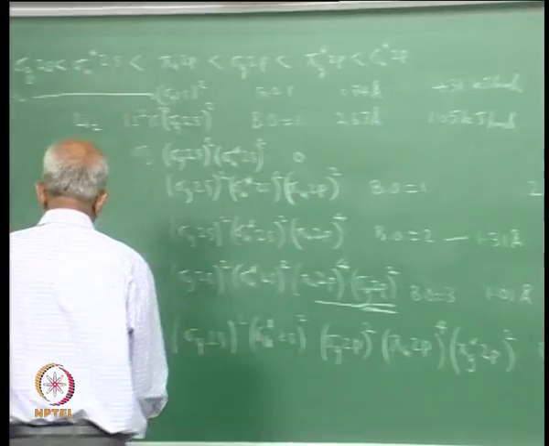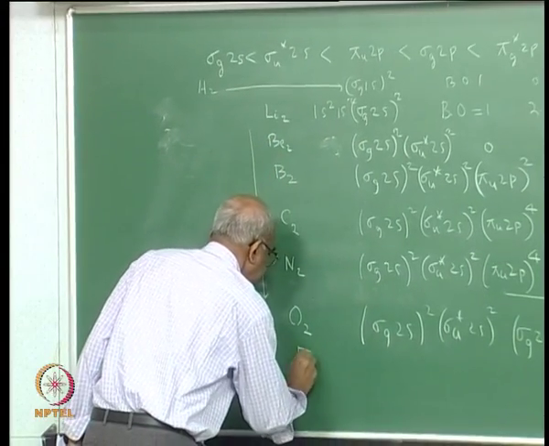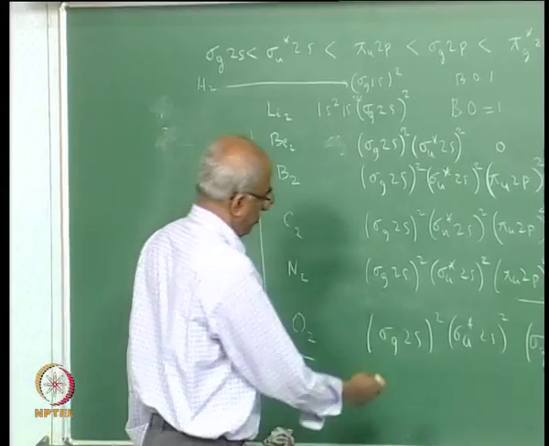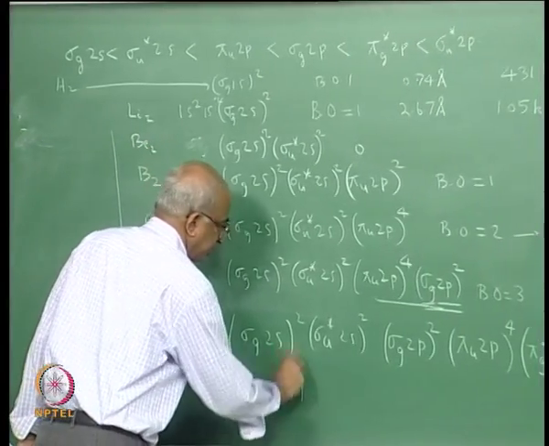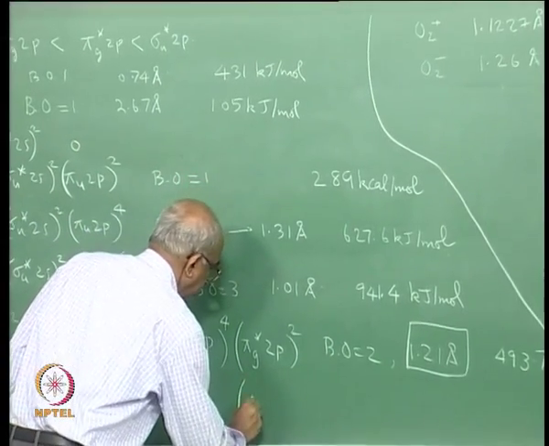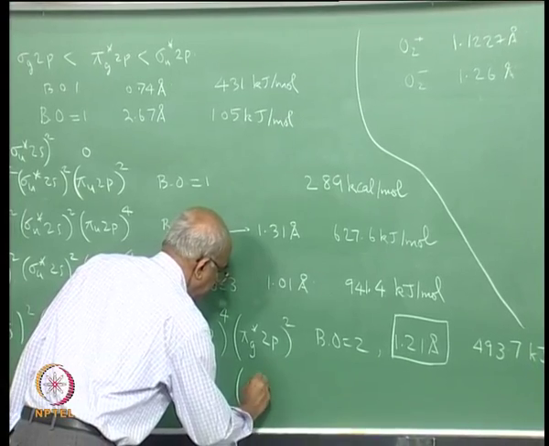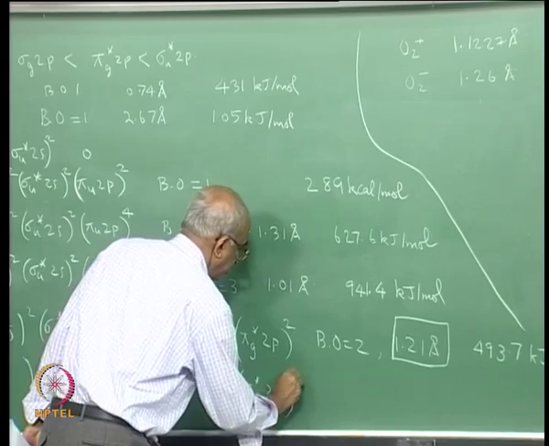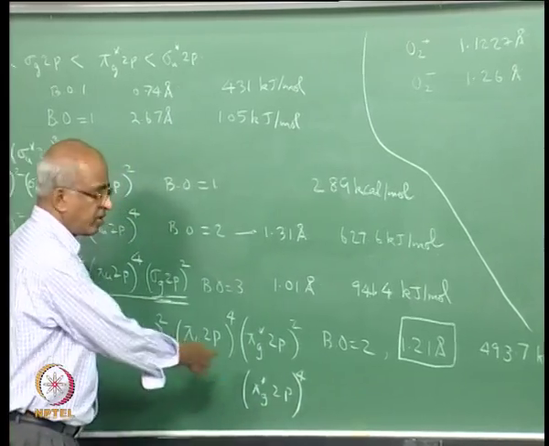Finally, if you think of F2, you will have just one more electron. So, all these things can remain as they are, but the last orbital pi g star 2p now has 4 electrons. That means there are no unpaired electrons.